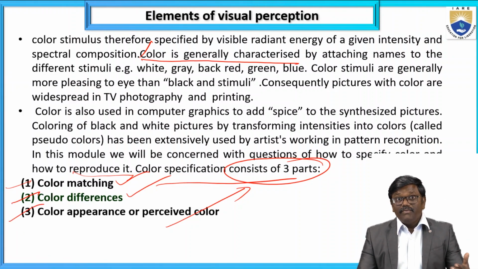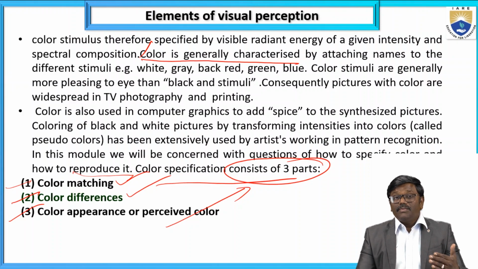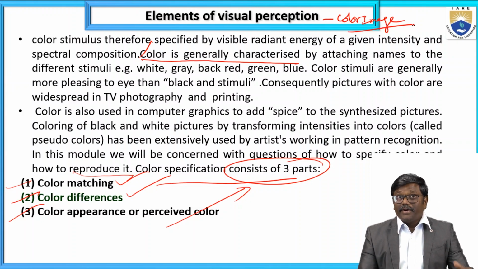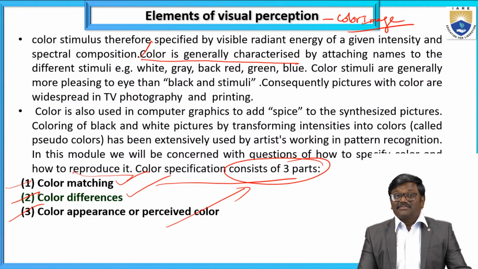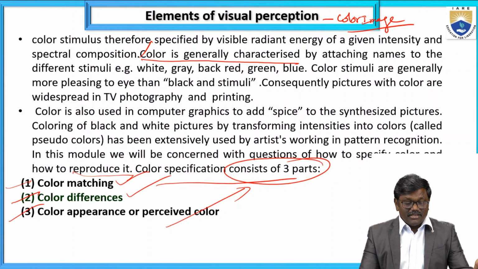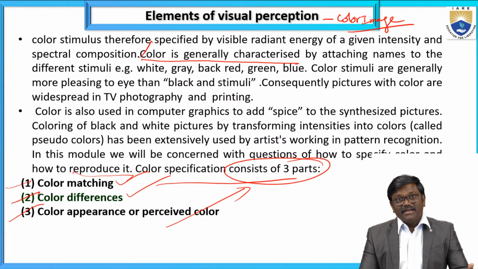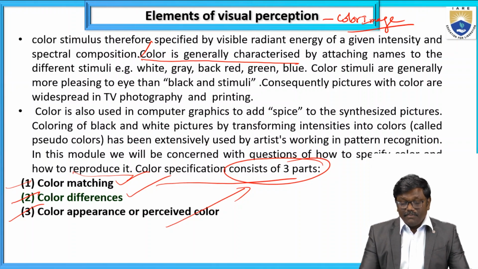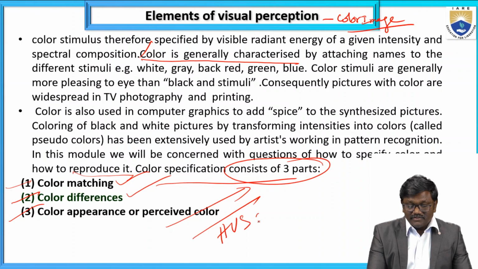So here, the visual perception of the color image changes in terms of three parts: color matching, color differences, and color appearance. Once you concentrate on perception, which we understand as visual perception, we take help from the HVS system.